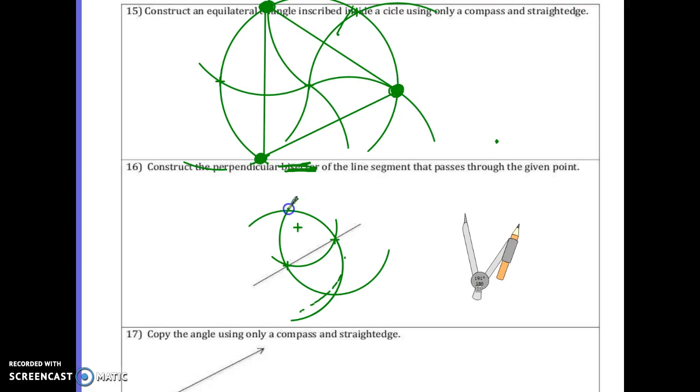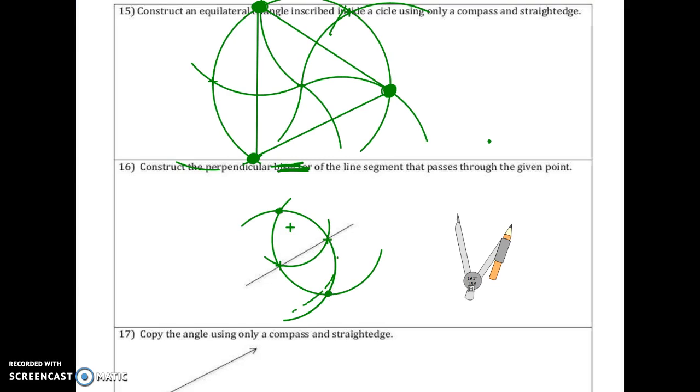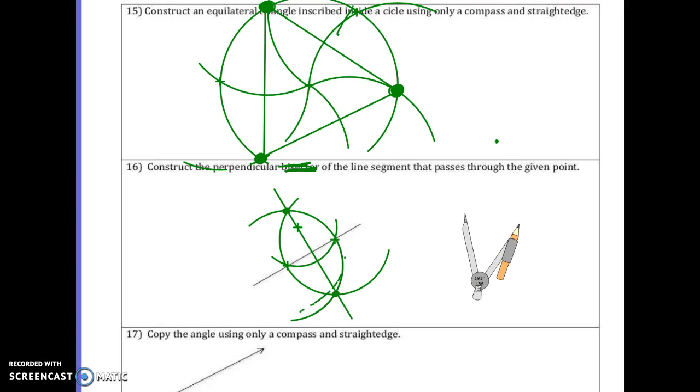We've got it from point to point, and if I draw that line segment from point to point, notice, well, it's a little bit off, but notice it crosses right through that point that we wanted to cross through. So what we've done is we drew a line. This is our line right here that is perpendicular to the line given, this is given, through this point that was also given.